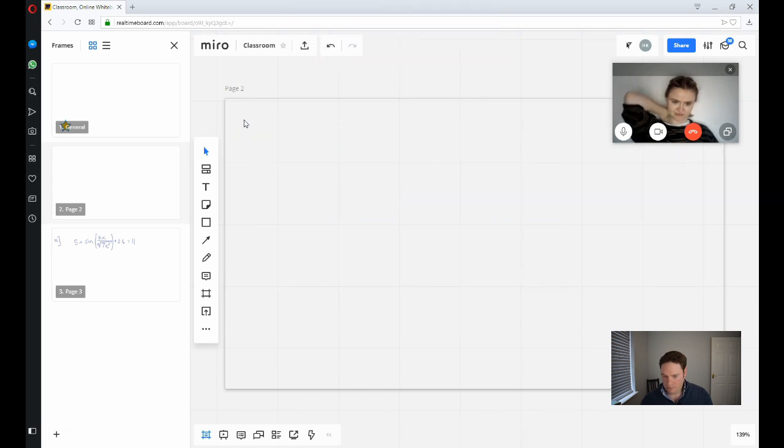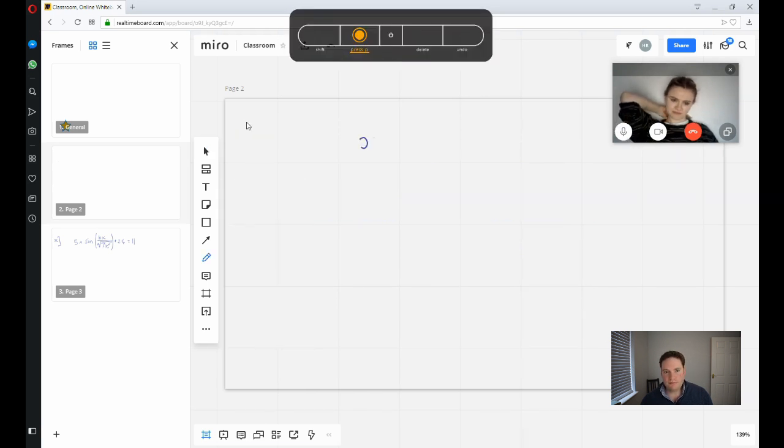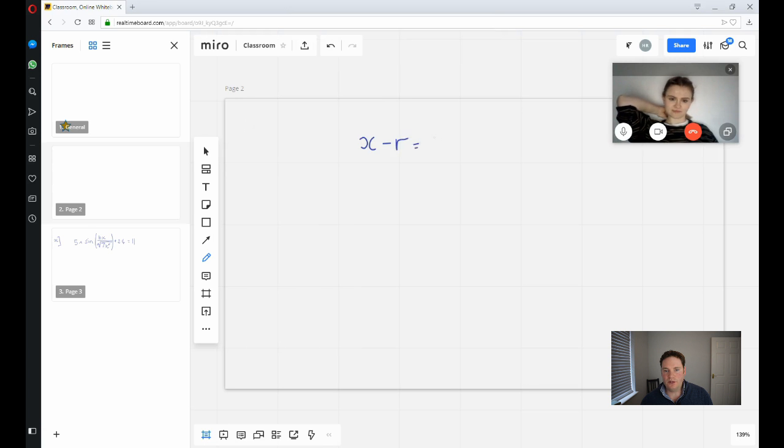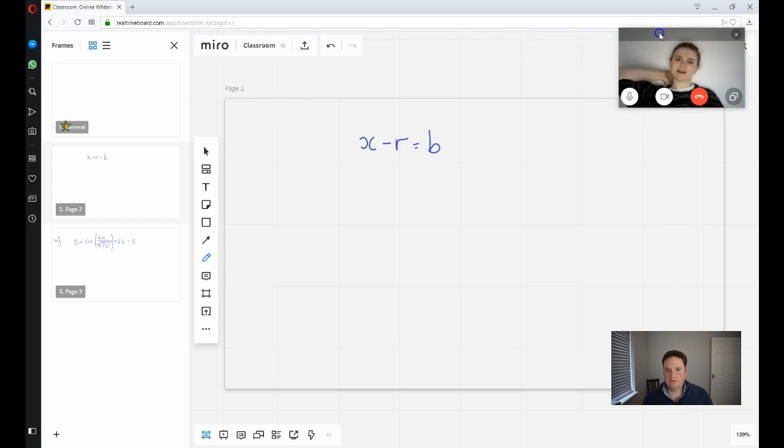What if we had x minus r equals b? So you would need to add an r to each side. Yeah. Cool.